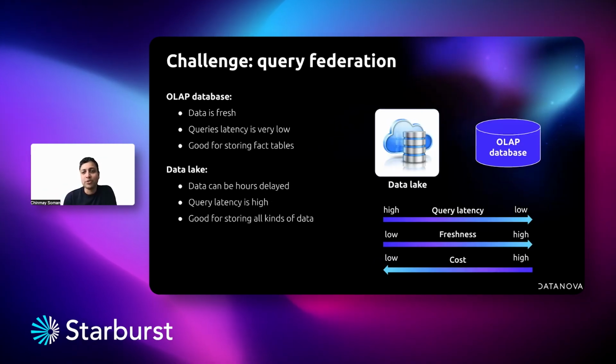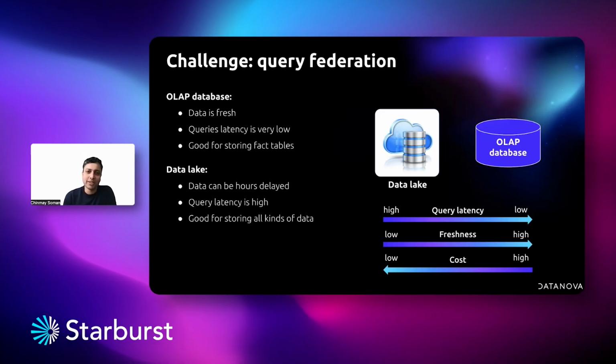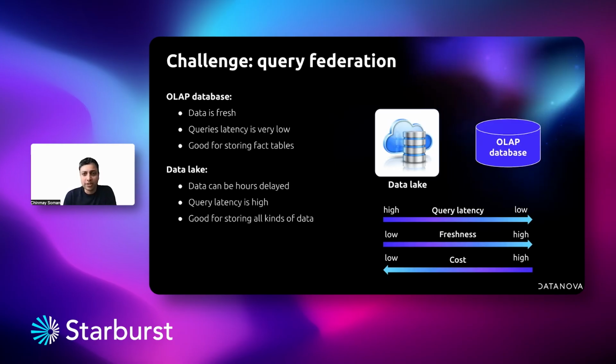Now, users often choose this configuration because each system is optimized with a different purpose in mind. So, for example, with an OLAP database, you get access to really fresh data, so you can analyze data as soon as it's being produced. Typically, the query latency is super low, in the order of milliseconds, and it also gives you a very high throughput.